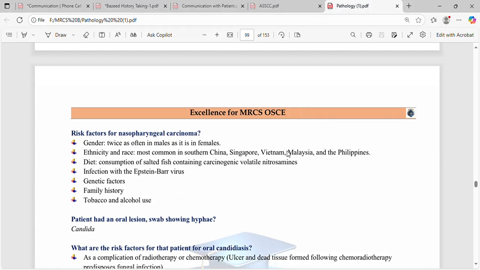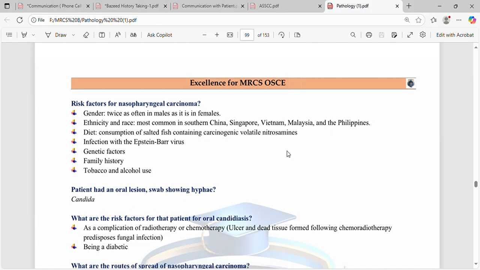Risk factors for nasopharyngeal carcinoma. In this we have modifiable and non-modifiable factors. Modifiable factors are salted fish, tobacco and alcohol use, and some carcinogenic volatile nitrosamines and Epstein-Barr virus.